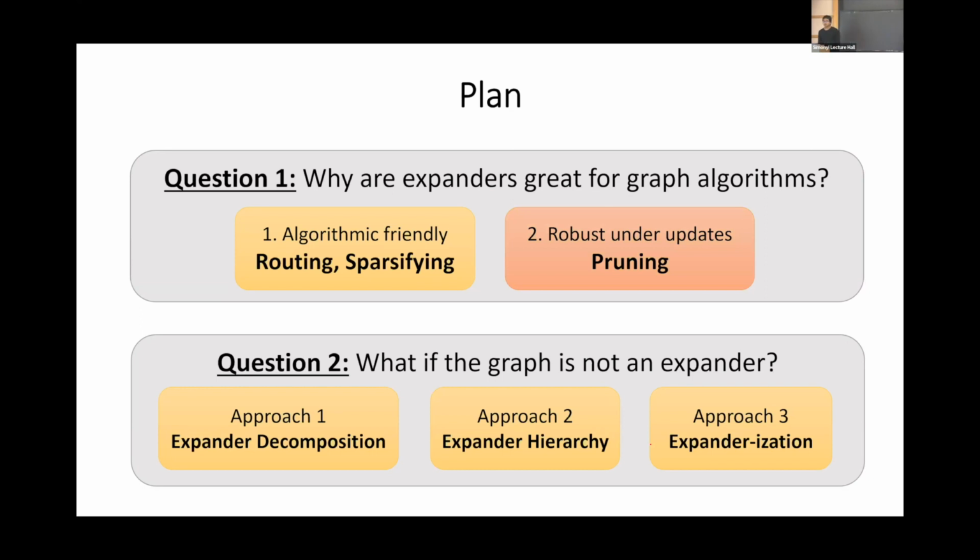The next thing I want to tell you is that not just that expanders are algorithmic friendly, they are robust under updates. And this is a key reason why it is so useful in the dynamic setting.